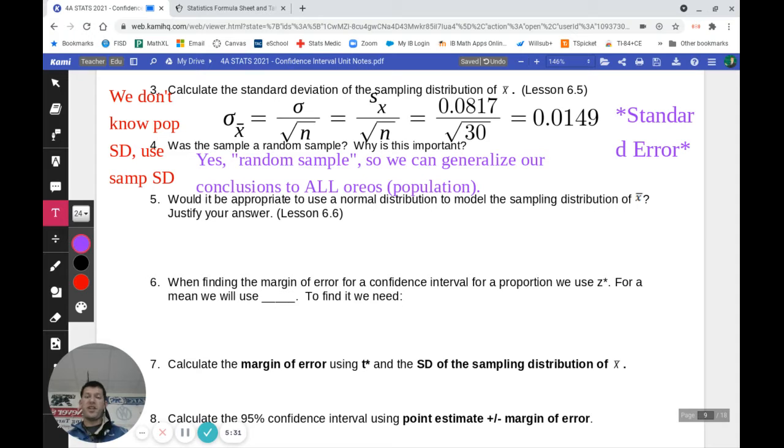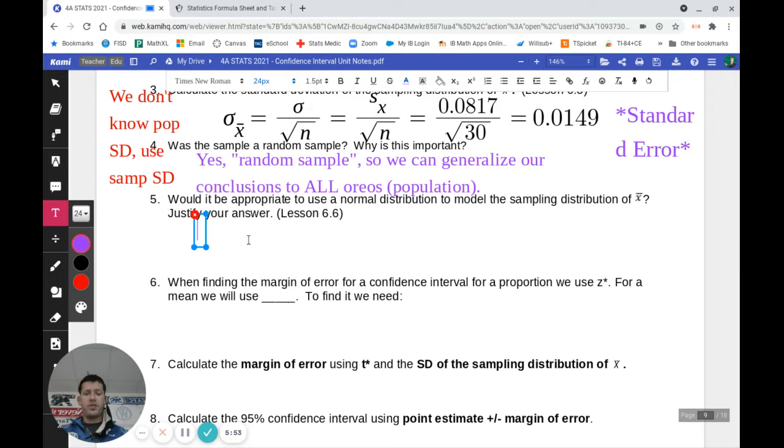So we started checking some conditions: randomness, and then also normal distribution. The last couple classes for proportions, we've been using large counts. We don't have a p here, so we can't use large counts. Instead, we have to make sure that our sample size is large enough, so we're going to use the central limit theorem. We do know that 30 is greater than or equal to 30.